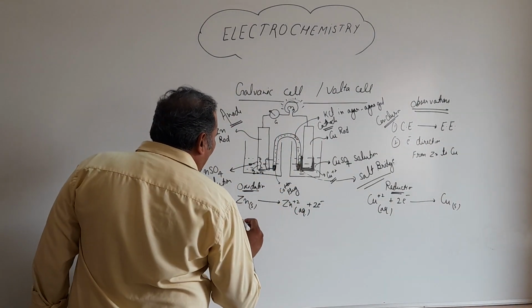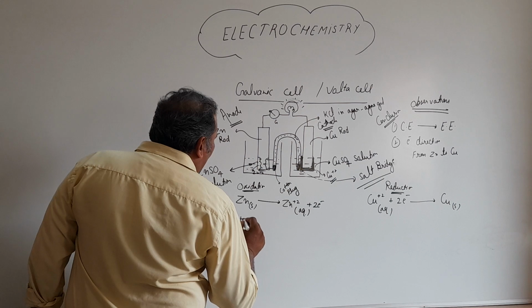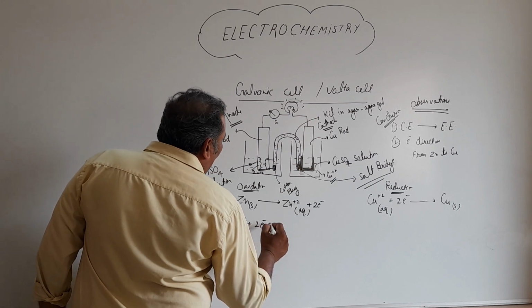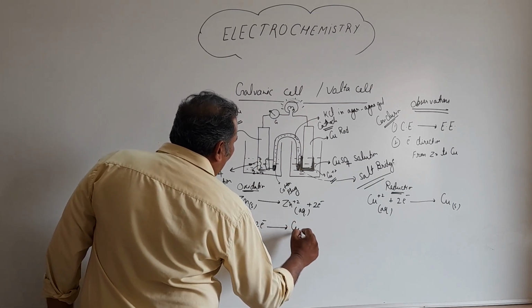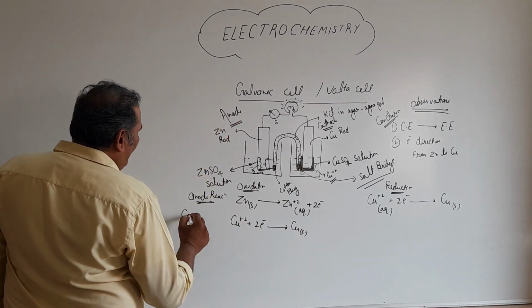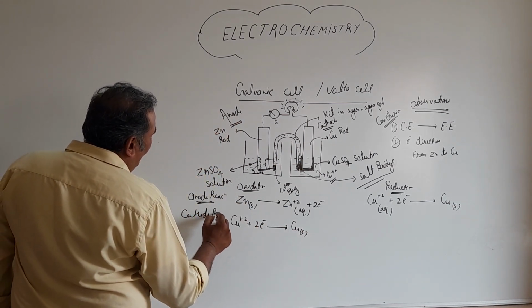How can we write down the net cell reaction? We have to add Cu+2 plus 2 electrons gets converted into Cu solid. So that is the anode reaction, and that is the cathode reaction.